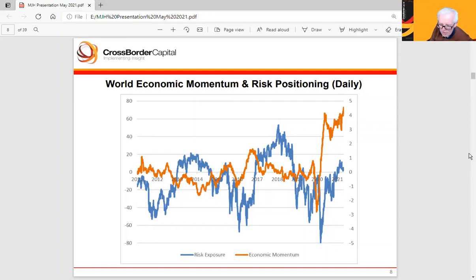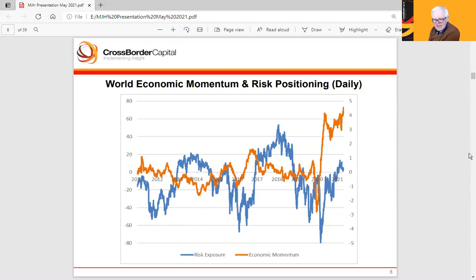We analyze those relative to consensus, and then develop a principal component factor, which is reported here, to give an idea of the degree of economic surprise. And that economic surprise is a measure of the momentum of economies. And that's what we show in the orange line.